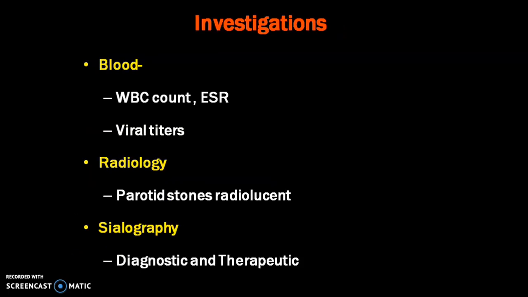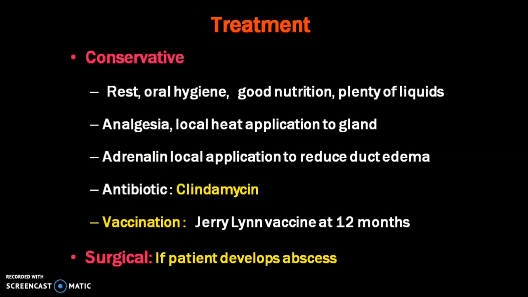So what are the investigations? We will go for CBC, then radiology and sialography. So what is the treatment? Conservative: rest, oral hygiene, good nutrition and plenty of fluids. Analgesia and local heat application to the gland can be given. Then local adrenaline application to reduce the duct edema. Antibiotics like clindamycin.